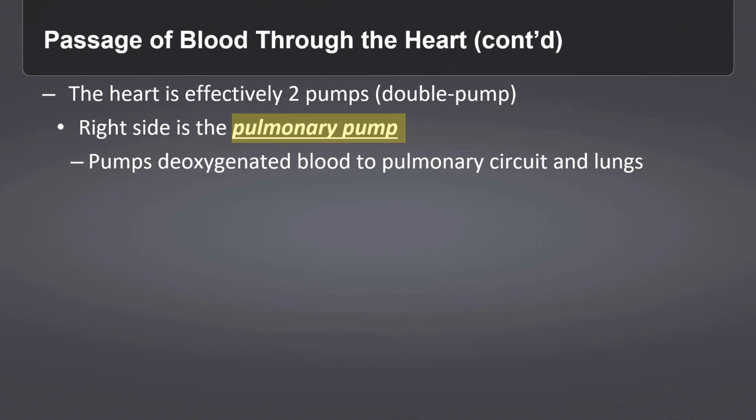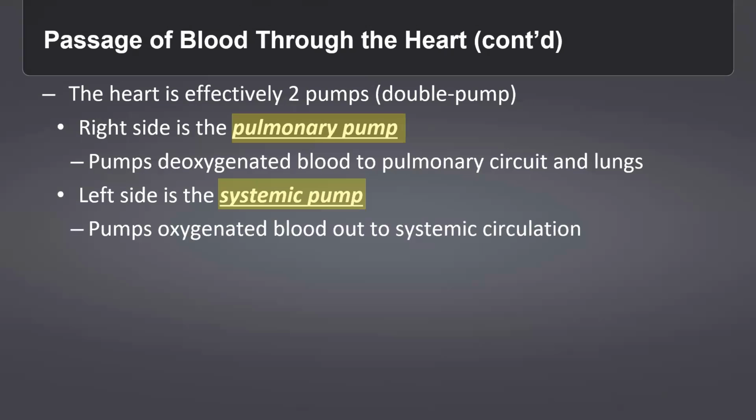So that blood is now oxygenated, and it comes back to the left atrium, then the left ventricle, and then the left ventricle pumps that newly oxygenated blood through the aorta, and then it goes all over your body to all of the body systems. And that's why it's called the systemic pump. So that oxygenated blood is pumped out to the general systemic circulation.